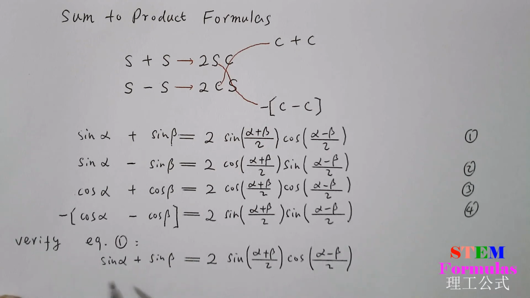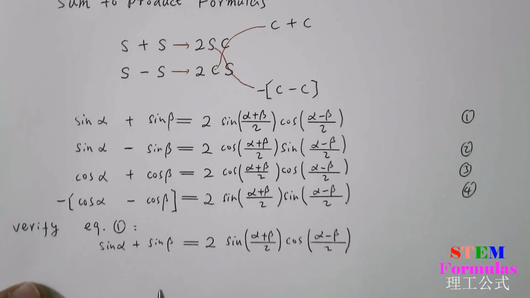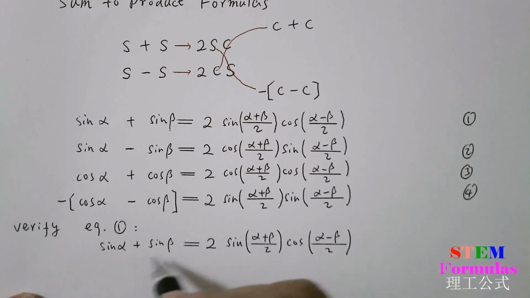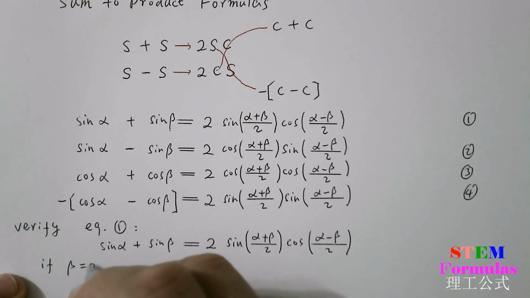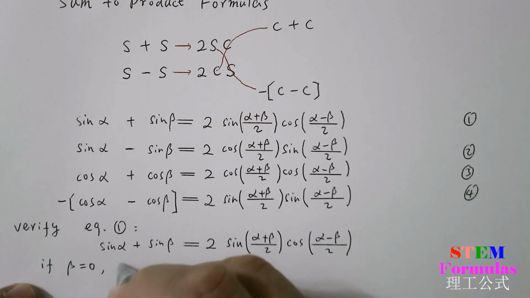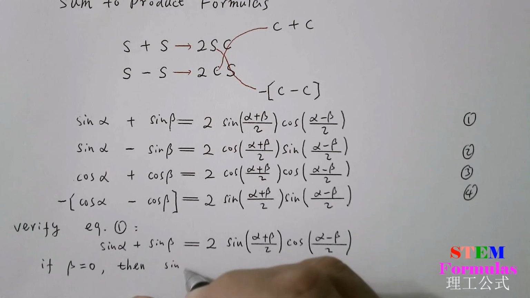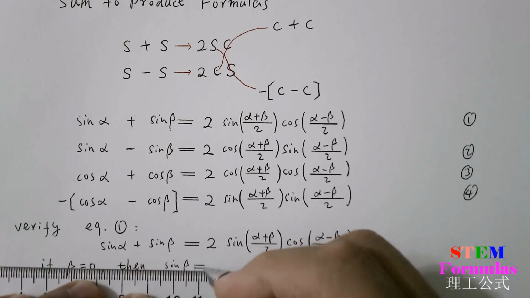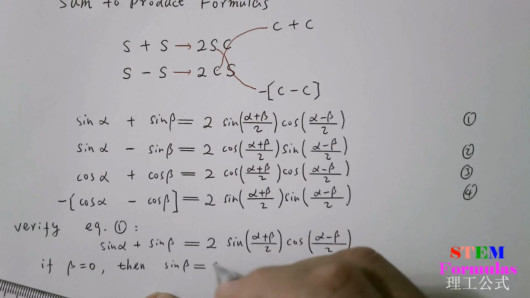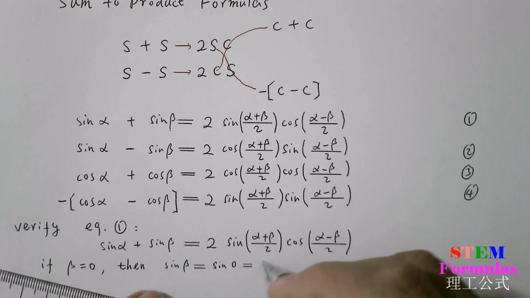We can verify this is correct by setting beta equals 0. So if beta equals 0, then sine beta equal sine 0 equal to 0.